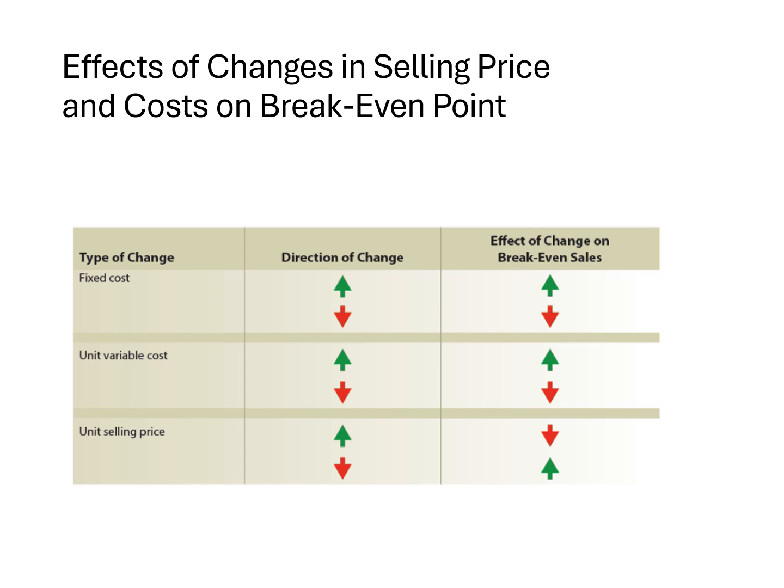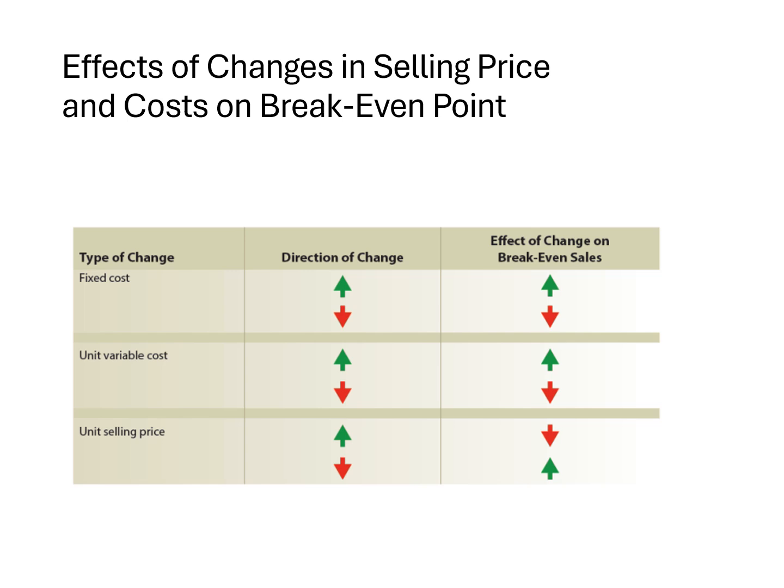This is a summary of the effects of fixed costs, unit variable costs, and selling price on break even. As we said, fixed costs have a positive relationship to break even. That is, if they go up, break even goes up. If they go down, break even goes down. Same thing with unit variable costs. They go up, break even goes up. They go down, break even goes down.